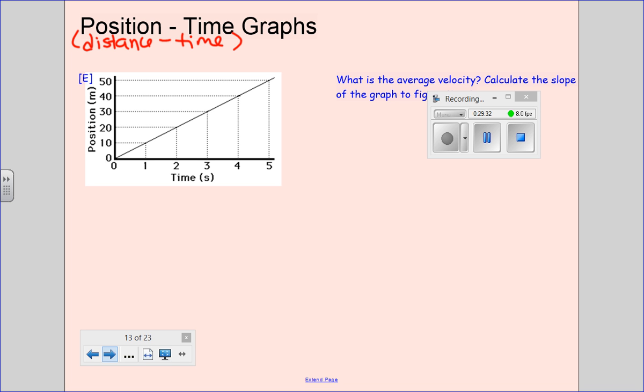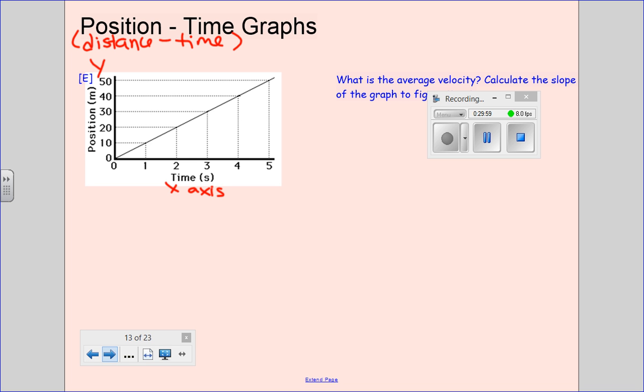Time, you'll notice, is always on the x-axis, and that's true for all of the graphs that we're going to make. Time will be on the x-axis. What is on the y-axis? That's where position goes. So it's kind of like I've replaced distance with position. Otherwise, my graph is going to look pretty similar.